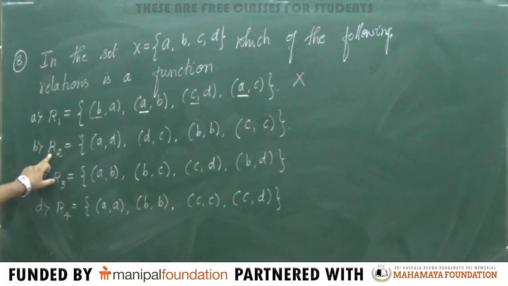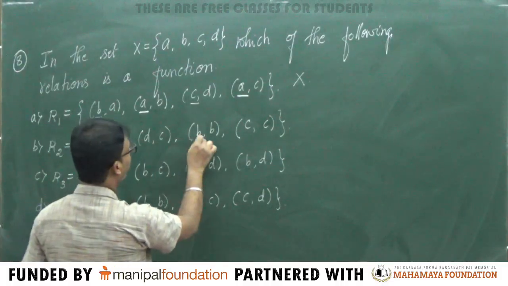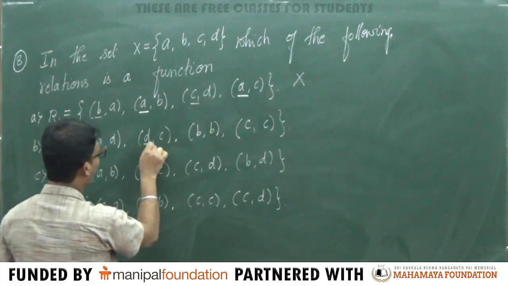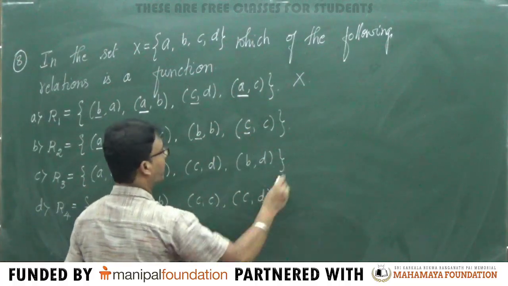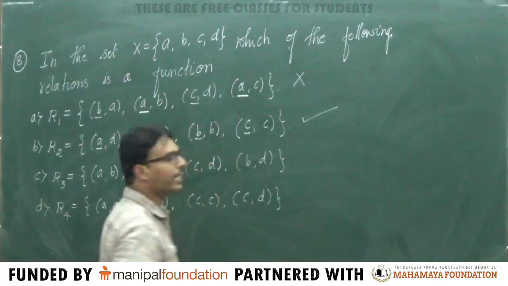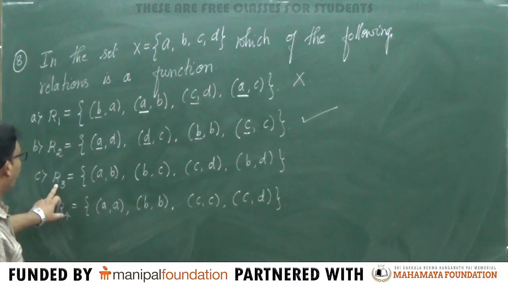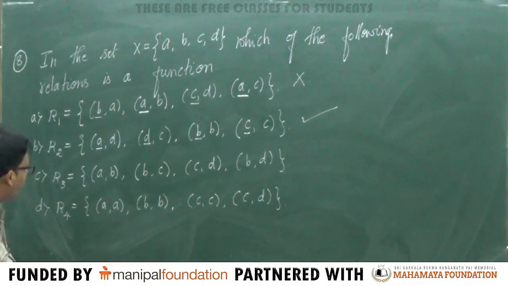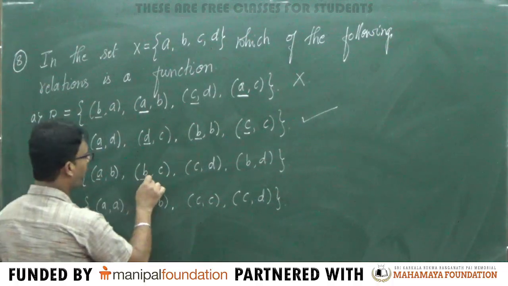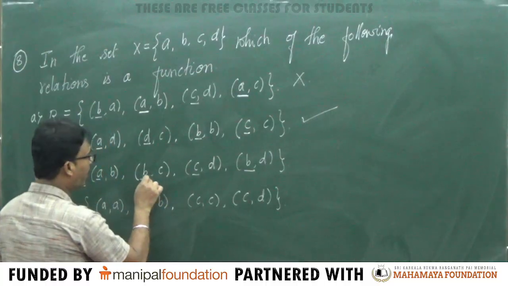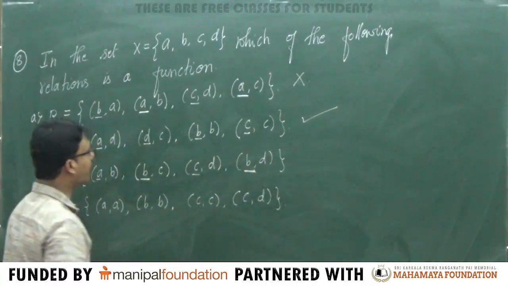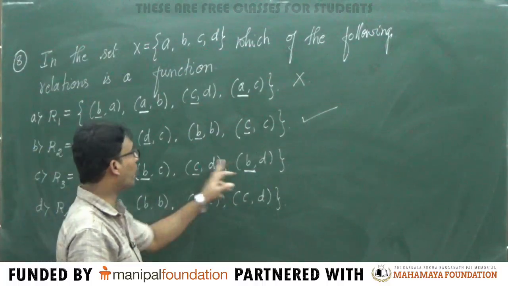In the relation R2, read only the first elements: A, B, B, C. That is, the first element is repeating only one time. Therefore, R2 is a function. In R3, read the first elements: A, B, C, B. The element B is repeating two times. That means the element B has two images.